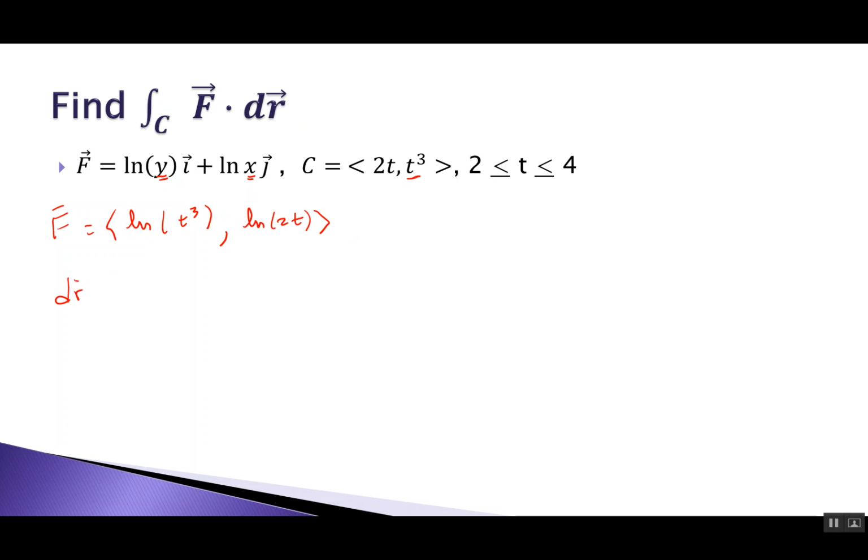My dr is going to be the derivative of C, which will be 2, 3t squared dt.